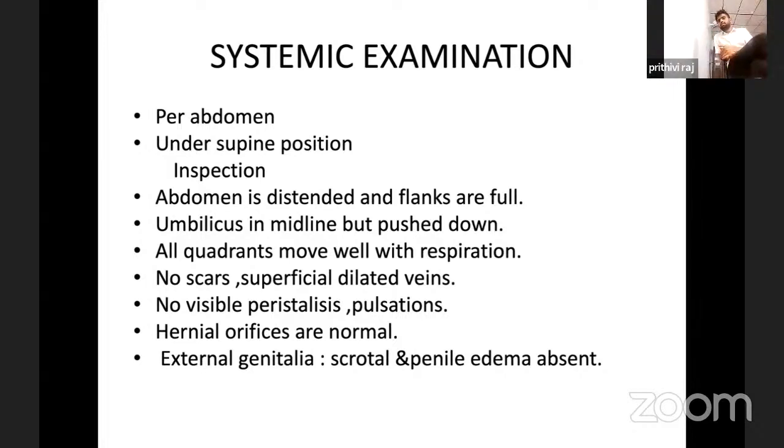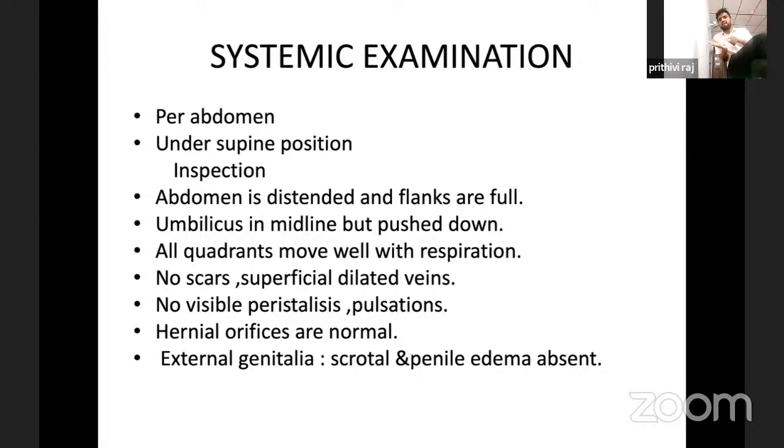Hernial orifices are normal. So what does that signify? There is no fluid present in them. When there's severe edema or severe ascites, even your hernial orifices get full. So it helps you in the quantification of fluid, even before you do the USG examination.